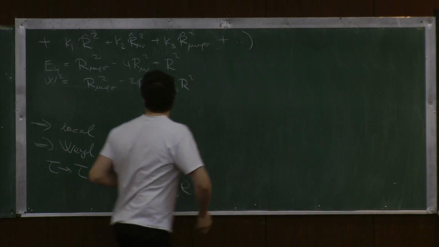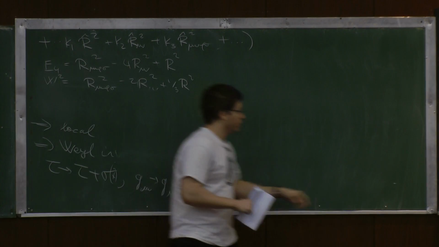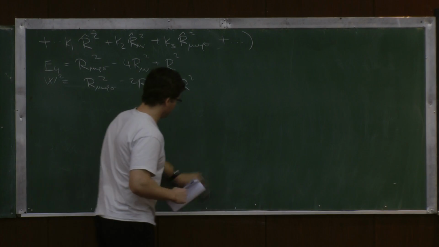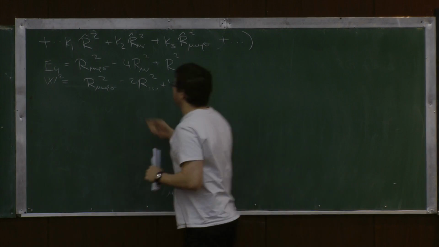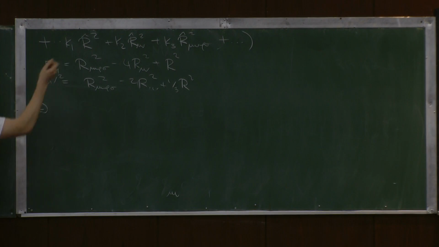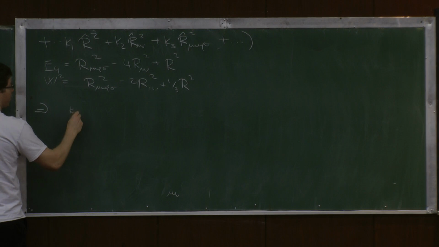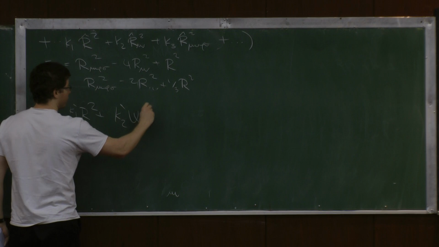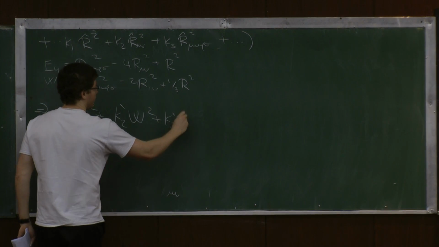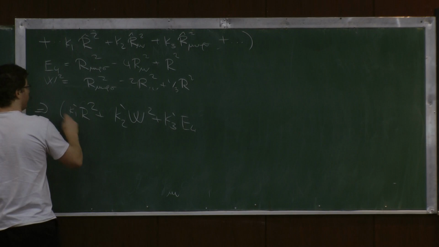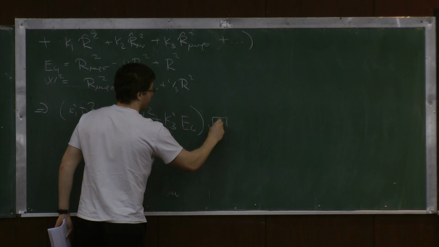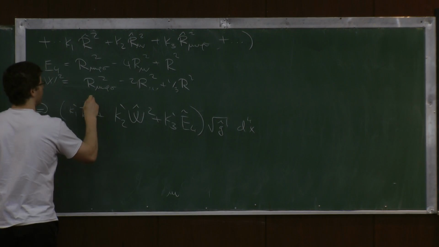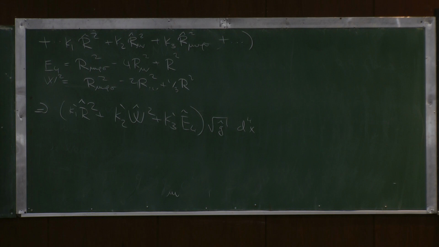So now we have a new basis, including E4, W squared, and R squared. So I can study K1 prime R squared, K2 prime W squared, and K3 prime E4, multiplying the square root of g hat d4x. And these are all hatted tensors in terms of the metric g hat.